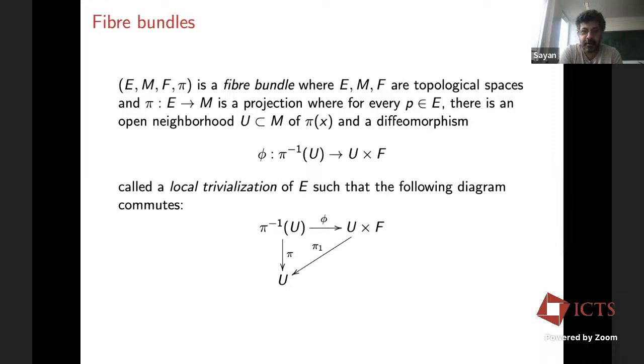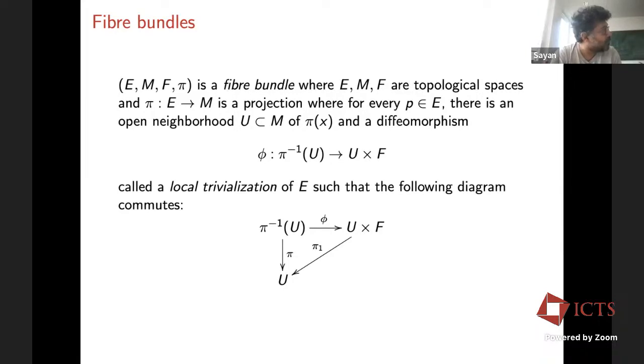This slide looks like mathematical gibberish, so we'll go on. But the point of this slide is that there is a notion of independence.